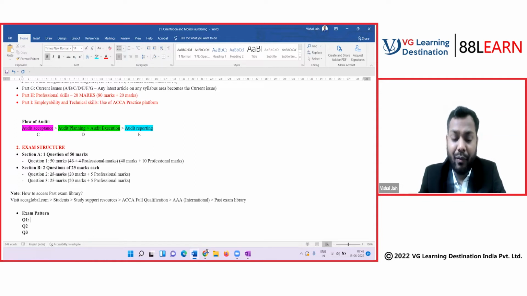Question number 1 will definitely test your knowledge from syllabus area D, that is planning the audit of historical financial statements, the planning area.